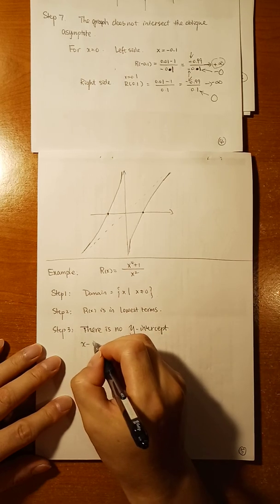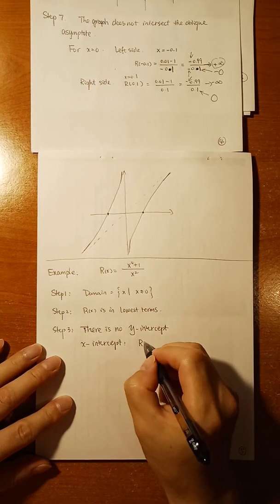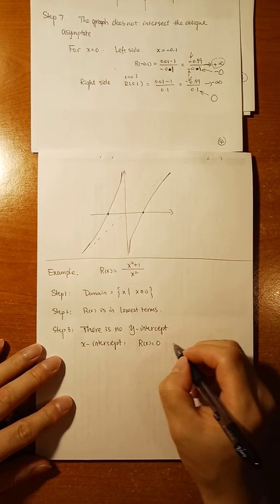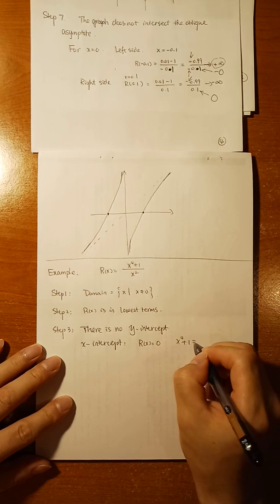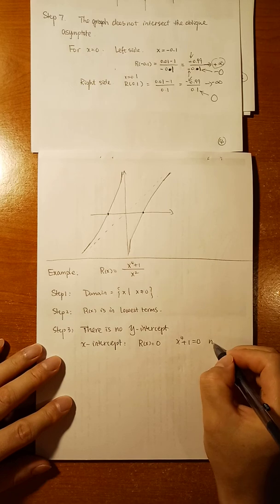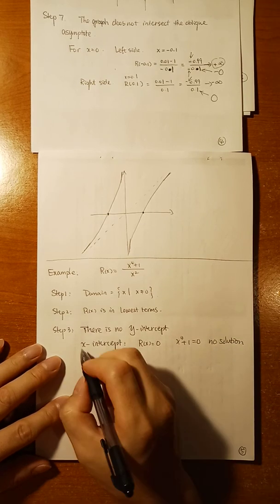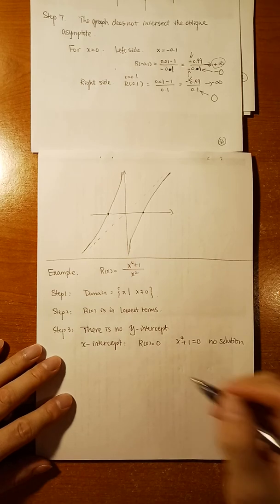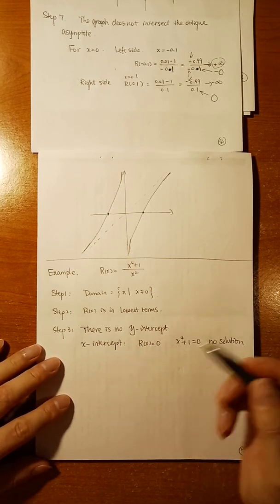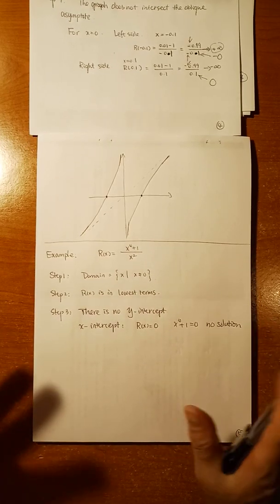For the x-intercept, you set r of x equal to 0. It means the numerator x^4 + 1 equals 0. This one has no solution. So there's no x-intercept. That's good. We don't need to study the behavior near the x-intercept, so it saves a lot.